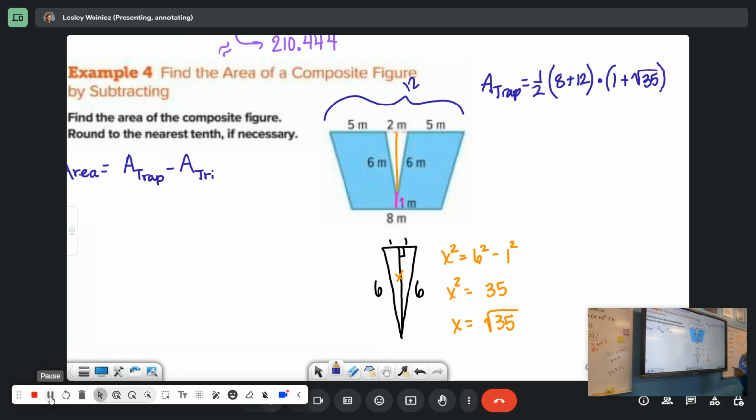Okay, that was fun. So I'm doing 1/2 times 8 plus 12 times 1 plus root 35. Ew. Okay, I'm getting 69.16.